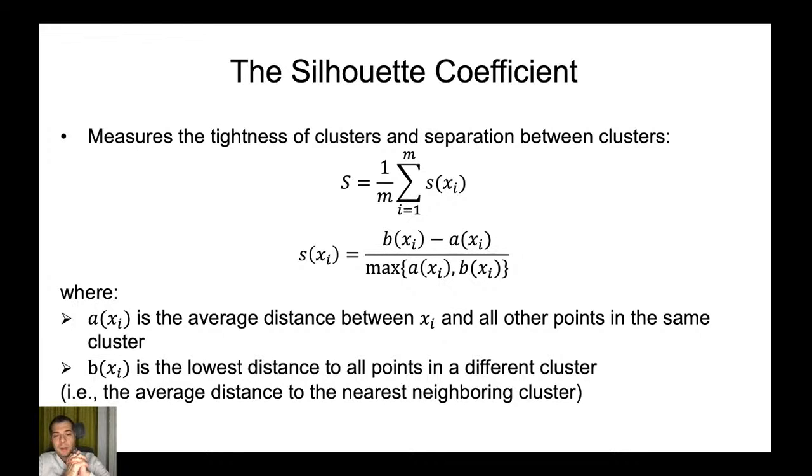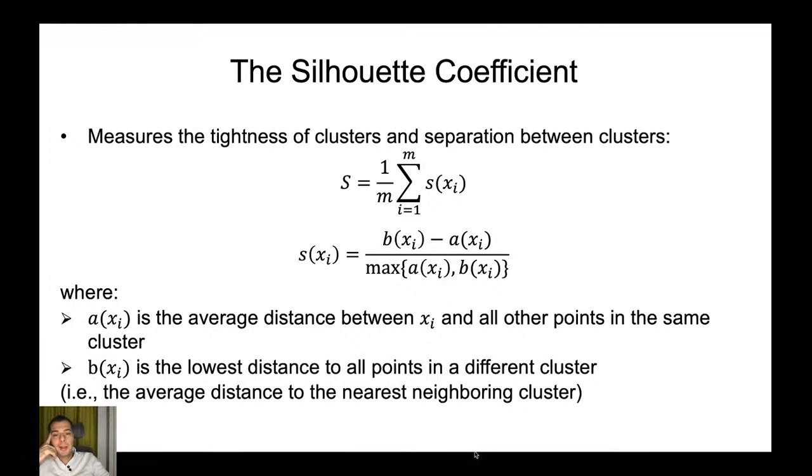Of course, in some cases, the data point xi can be farther away from its cluster centroid than from points in a neighboring cluster, if it is close to the margin. If you consider the lowest distance to all points in a different cluster, instead of the average, that can be smaller.